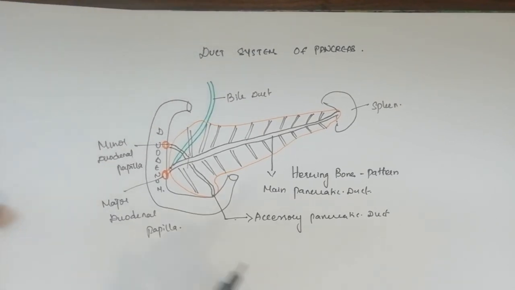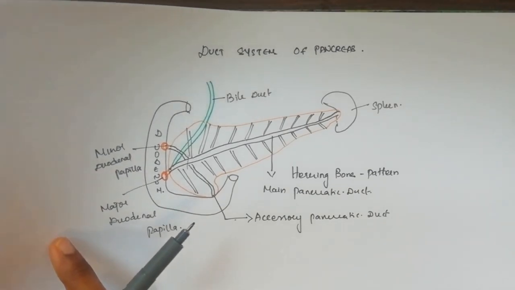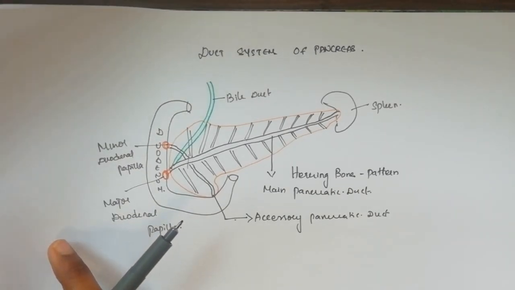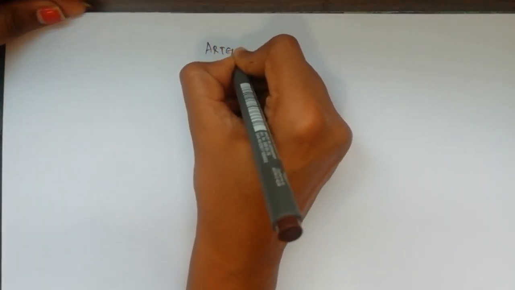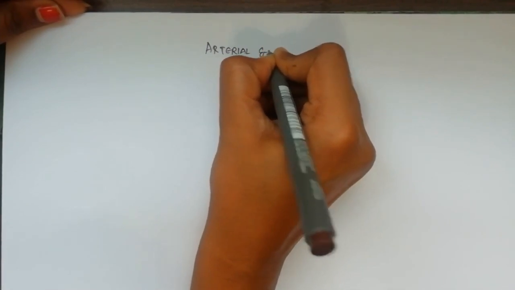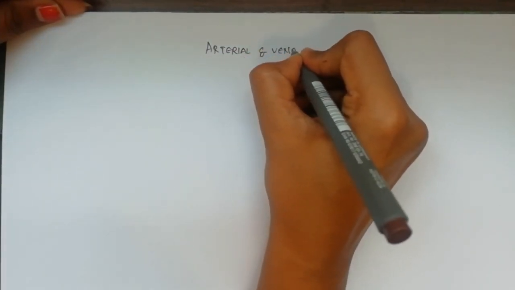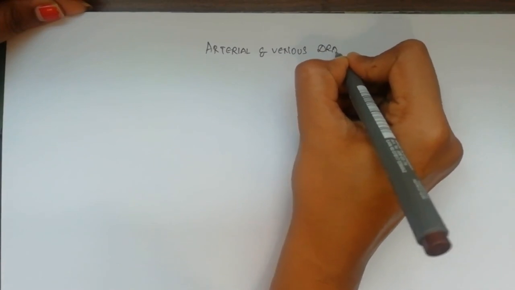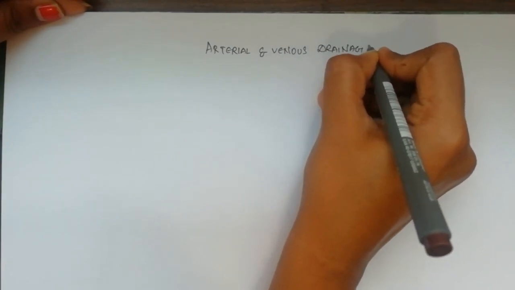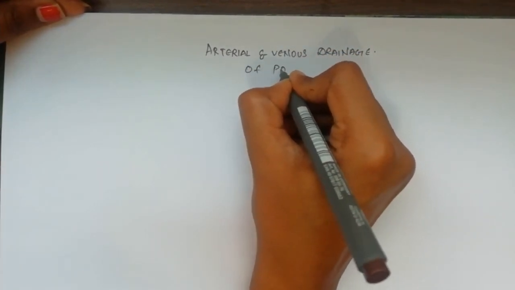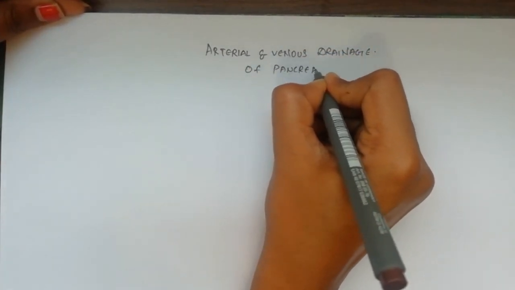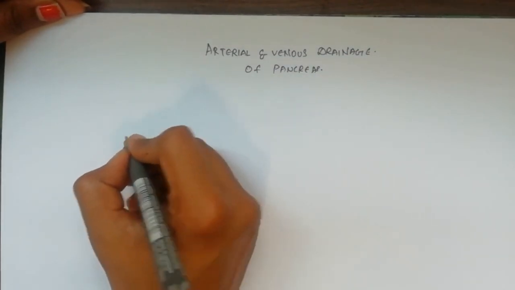We have our pancreas. In the pancreas we have all the parts, as you know: head, neck, body and tail. Here we have our duodenum, which has its concavity towards here. Now we have some arteries which supply only the head and neck, and some arteries which supply only the body and tail of pancreas.